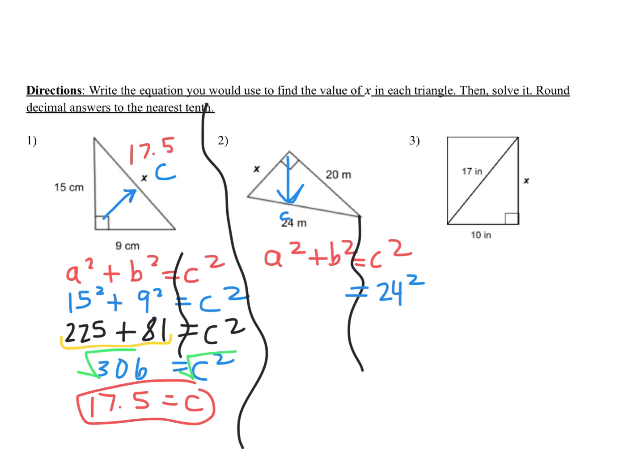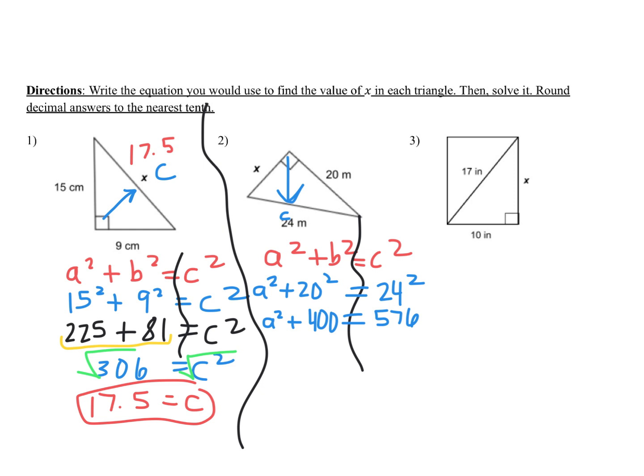We're looking for one of the legs. So A squared plus 20 squared is 24 squared. 20 squared is 20 times 20, which is 400. And 24 squared is 576.